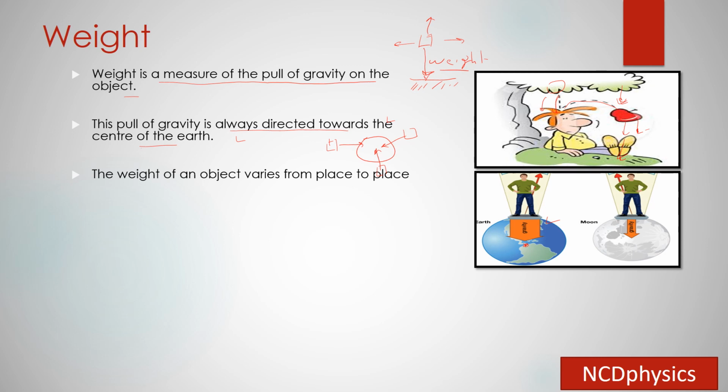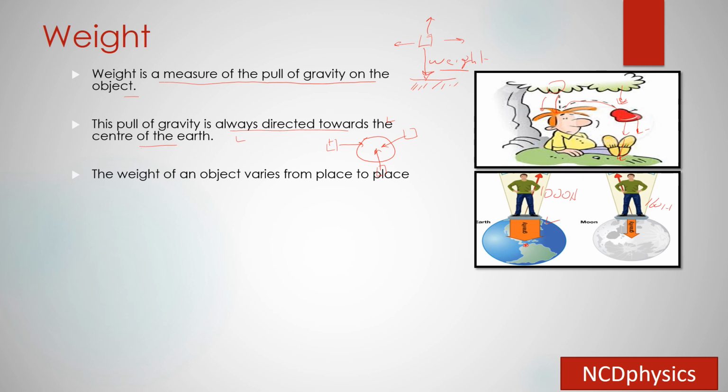Okay, so next one, the weight of an object varies from place to place. Yes, for example, if we say that the weight of this guy here on the surface of earth is 1000 Newton, then it means that on the moon it is 160 Newton.